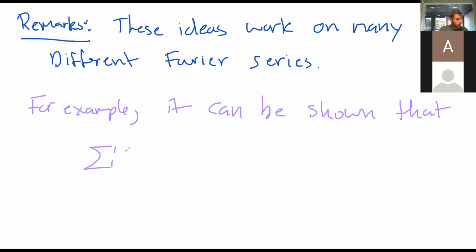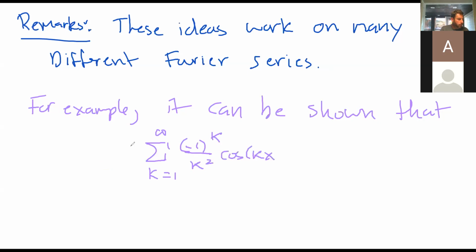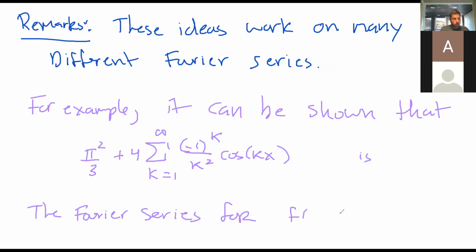It can be shown that this creature, the sum k goes from 1 to infinity of -1 to the power k over k squared cosine of kx, if you multiply this by 4 and then you add pi squared over 3, it can be shown that this is the Fourier series for, let's say, f of x equals x squared. And let's just restrict x between -pi and pi.